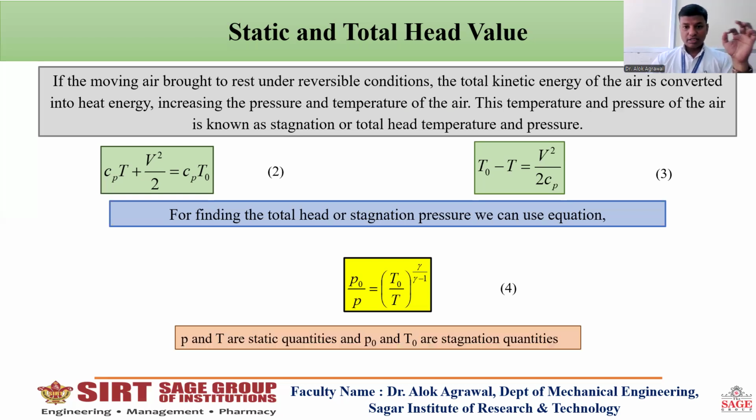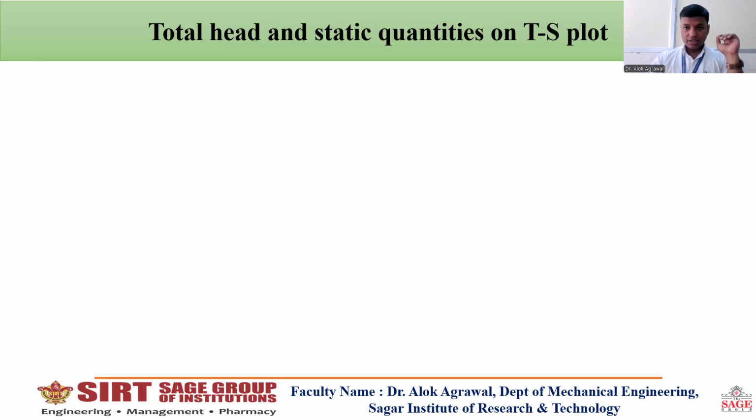The P and T in this equation are static quantities and P0 and T0 are stagnation quantities. It should be kept in mind that the stagnation property can be equal to the static property, but it can never be less than the static property.